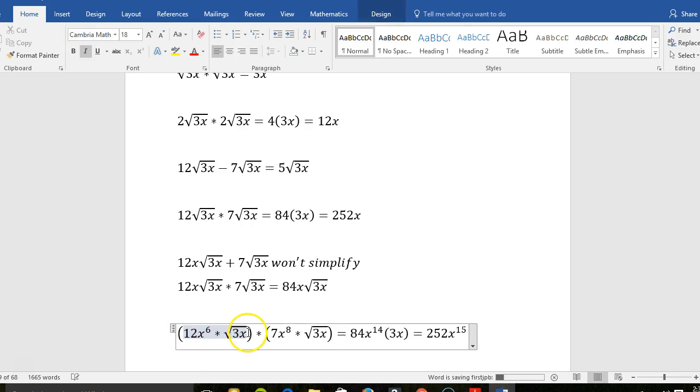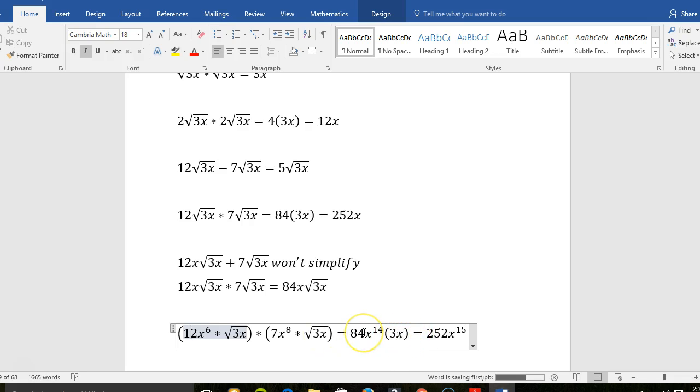12x to the 6 times radical 3x times 7x to the 8 times radical 3x. Well, just multiply the 12 and the 7, you get 84. Multiply the x to the 6 and the x to the 8. Remember, by the laws of exponents, you add that 6 and 8 and you get 14. Multiply radical 3x and radical 3x, you get 3x itself.